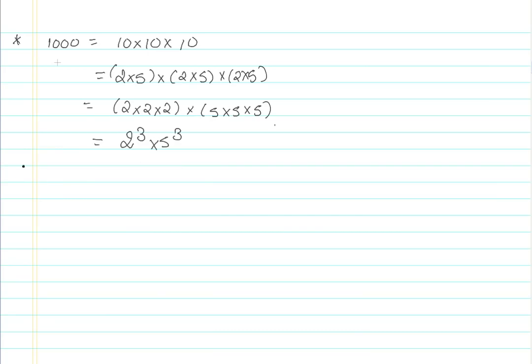Now let's take one more example. We are asked to simplify minus 1 raised to 3. To simplify this, I have to expand it. So I am multiplying minus 1 three times. Minus 1 into minus 1, as you are already aware, is 1. Again multiplying it by minus 1 gives me minus 1.